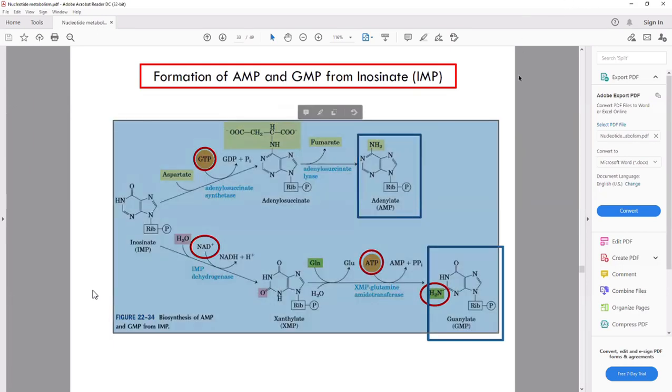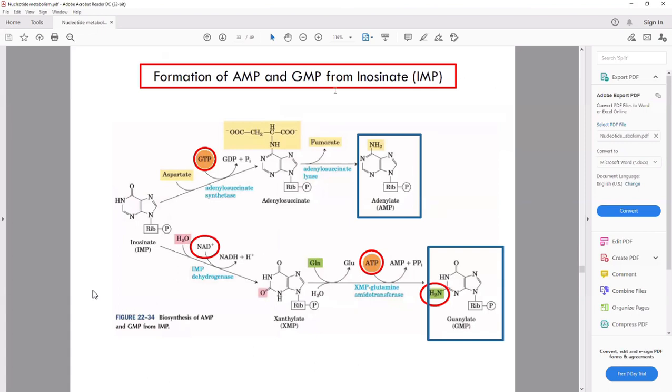AMP also inhibits the enzyme adenylosuccinate synthetase. So when there is a high concentration of AMP, it automatically inhibits this enzyme, so it is not going to convert IMP to adenylosuccinate. The same goes here: GMP will inhibit IMP dehydrogenase.